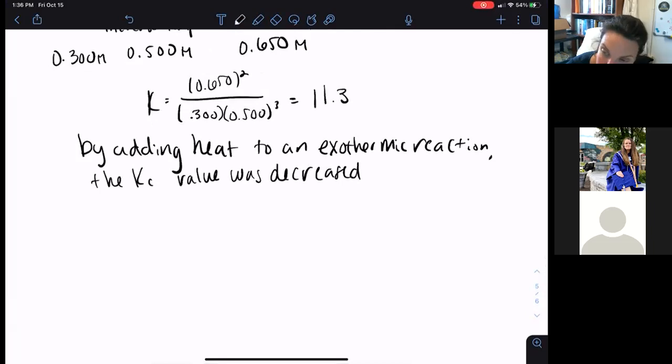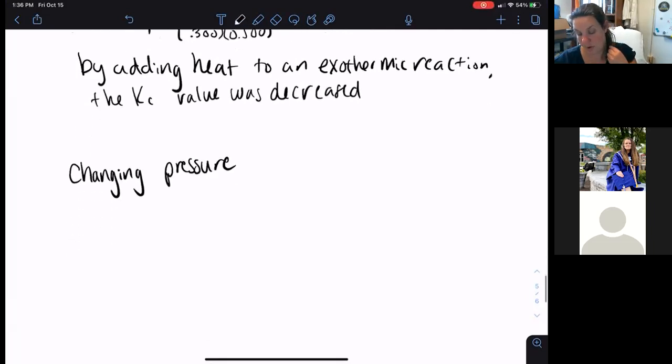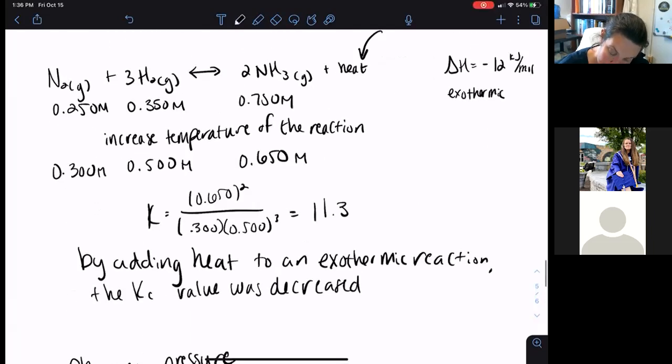Next is looking at changing the pressure. Okay. So again, we're going to stick with the same exact reaction because why not?